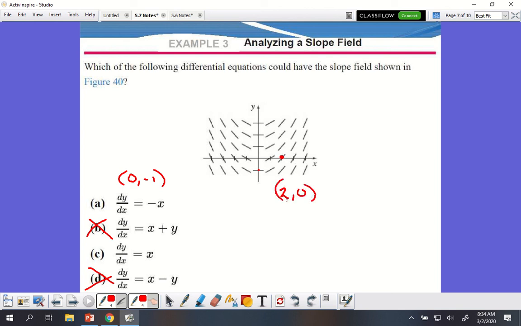So I don't know what the slope actually is. I just know that the slope is positive. I know it's positive, right? That's super helpful. So if I plug that in, for A, I would get -2. But for C, I get, so therefore my answer is C.